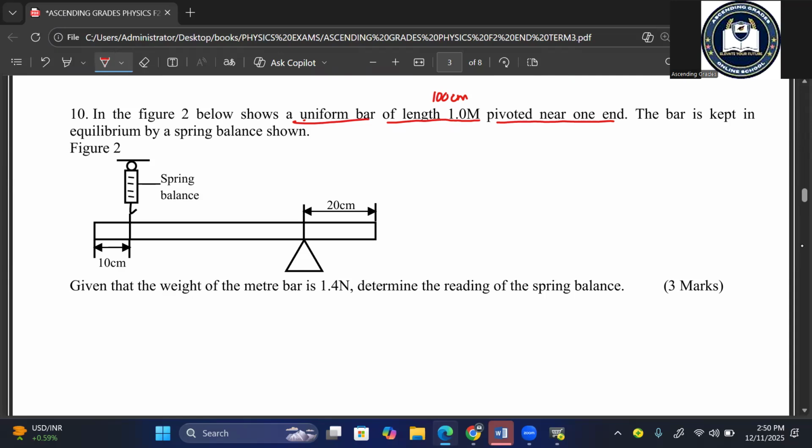The bar is kept in equilibrium by a spring balance as shown. So this is the setup. Then you are asked, given that the weight of the meter rule is 1.4 newton, determine the reading of the spring balance.